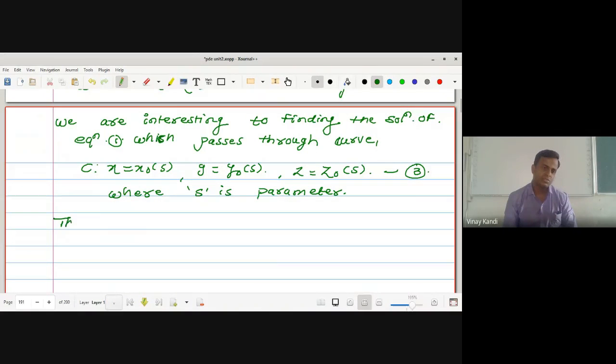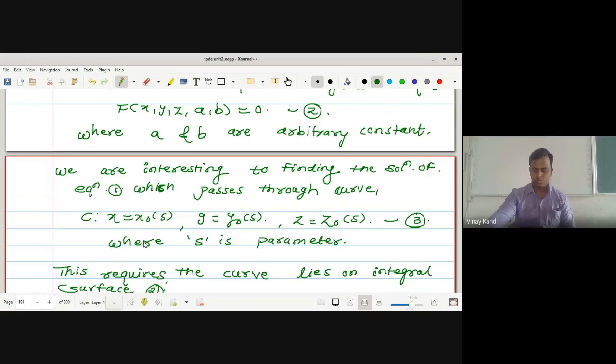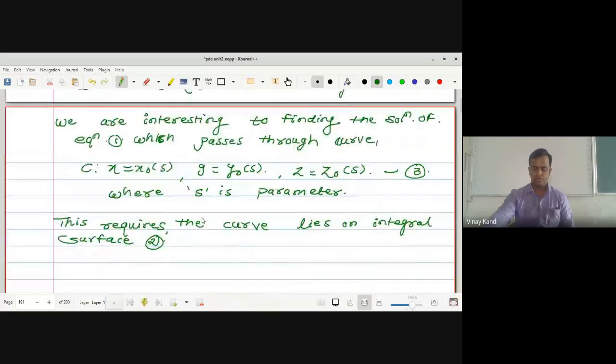So this requires the curve to lie on the integral surface 2.